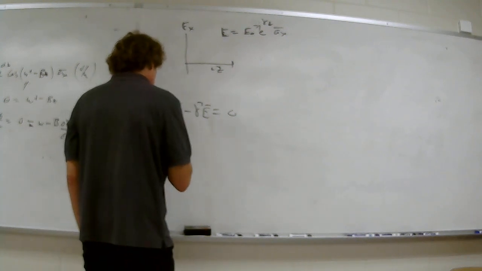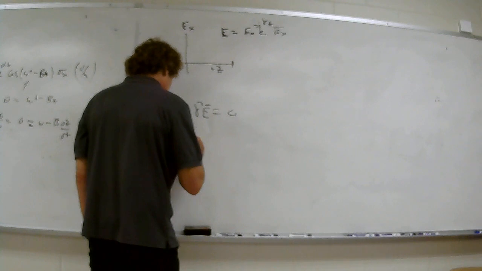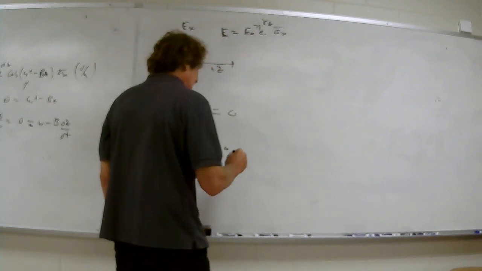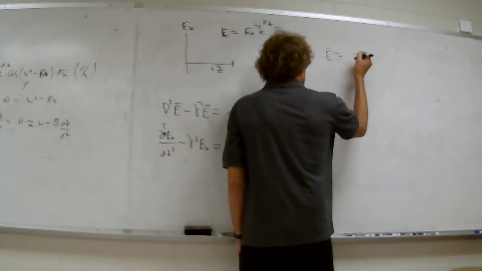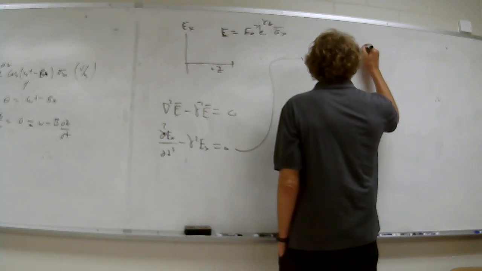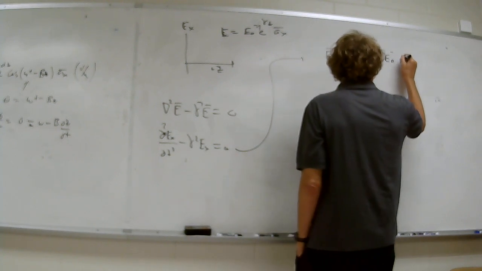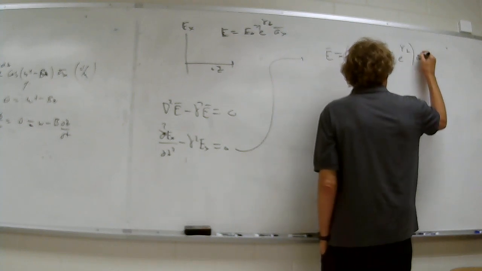Then I made the assumption the E field had only an x component, propagating only in the z direction. And I found from there that the E field itself was equal to some E naught plus e to the minus gamma z plus E naught minus e to the plus gamma z, and of course, this is in the ax direction.